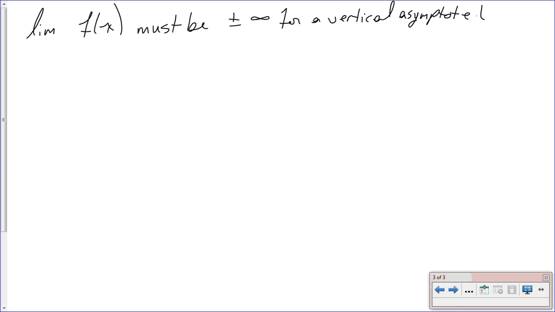The limit of f of x as x approaches c must be positive or negative infinity for a vertical asymptote to exist. Like I said, this is going to be a shorter video.